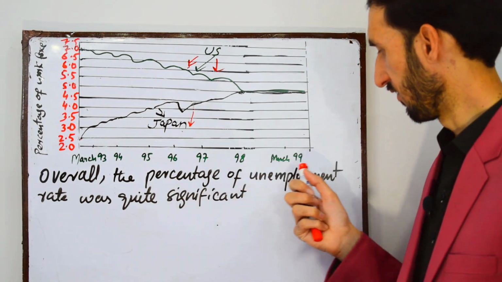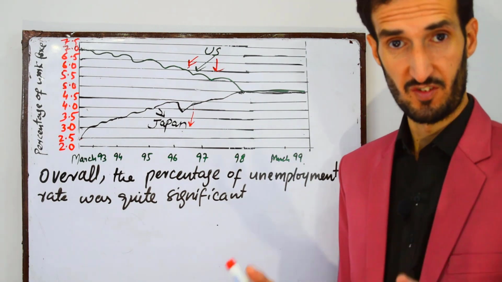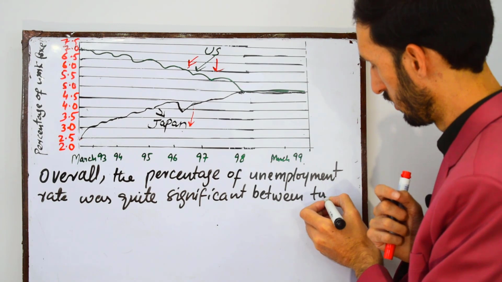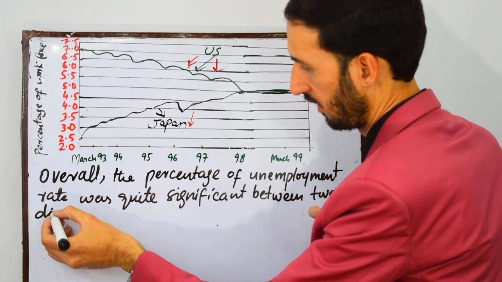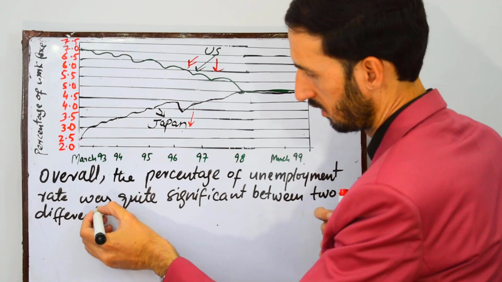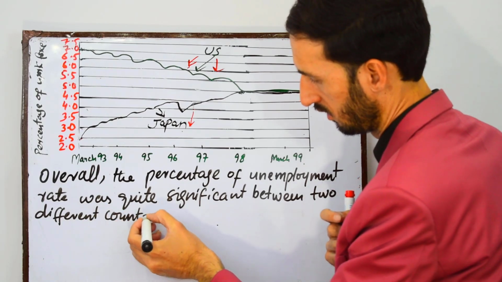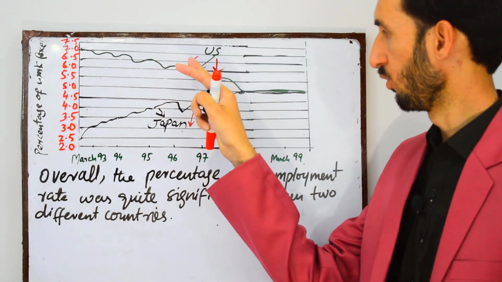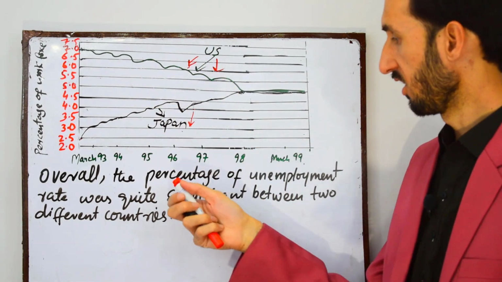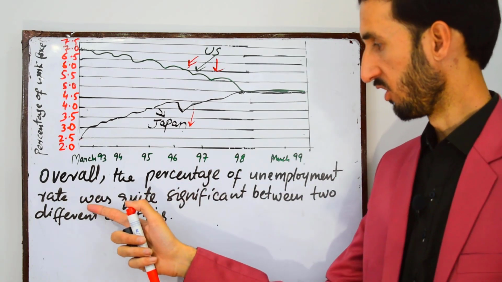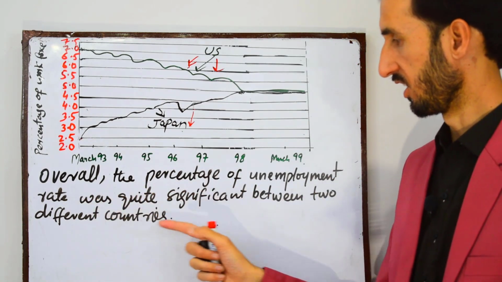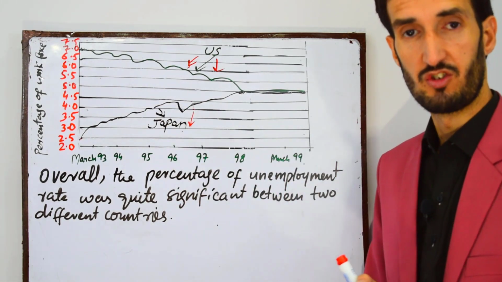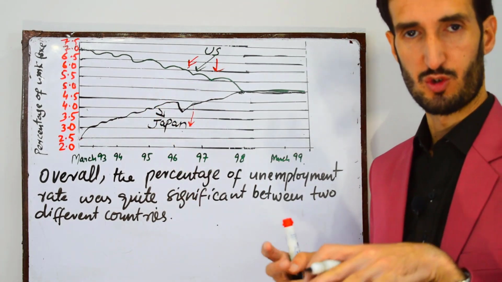Overall, the percentage of unemployment rate was quite significant between two different countries. Between two different countries. I mean, there are two different countries, US and Japan. So I've written the percentage of unemployment rate was quite significant between two different countries. It was quite significant.